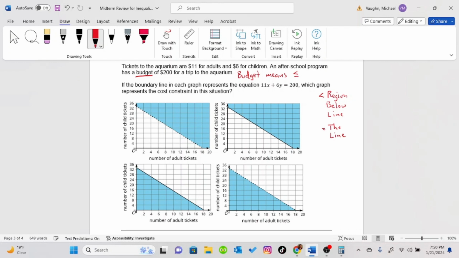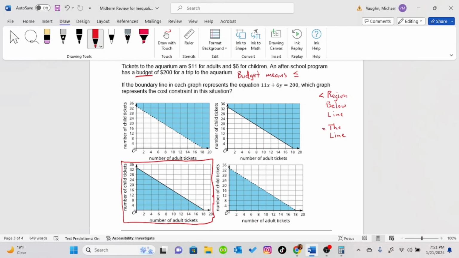So if we want less than or equal to, we want the region below the line and we want the line. So we want this choice in the bottom left, the shaded region below the line says we spend less than $200.